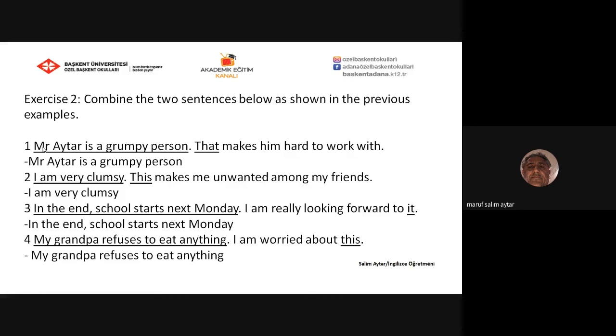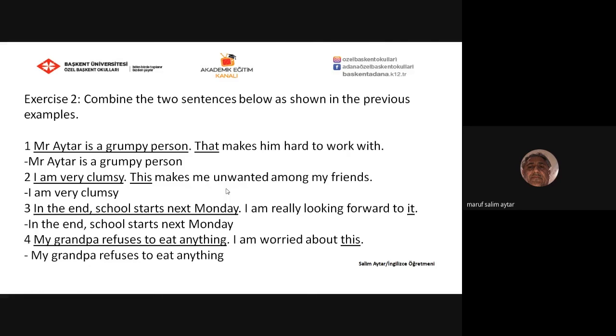Combine the two sentences below as shown in the previous examples. So, Mr. Aitar is a grumpy person. Don't forget the comma here. Blah, blah, makes him hard to work with. Number 2 says, I'm very clumsy. I'm very clumsy. Don't forget this thing here. And blah, blah, makes me unwanted among my friends.